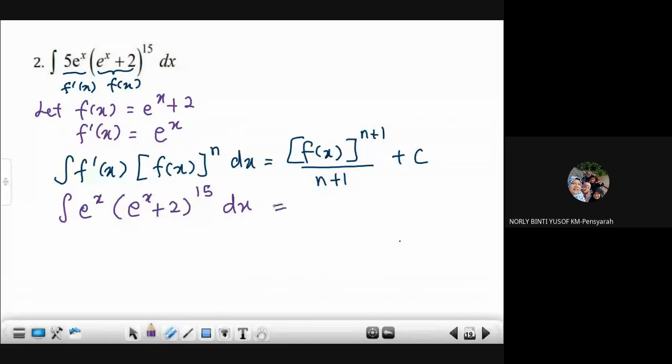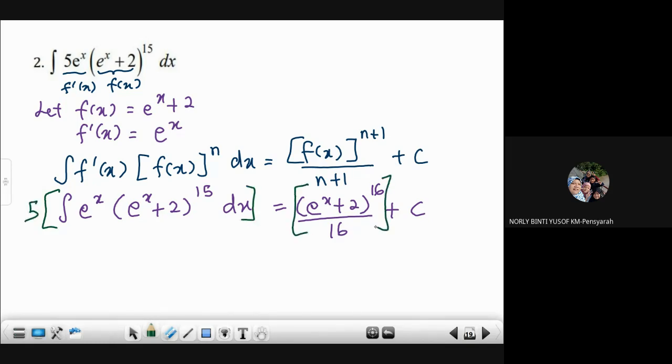So tulis, kita follow. So e power of x plus 2, 15, 16 lah kan. Over 16 plus c. Tapi it's not the final answer sebab your question got 5. Kan, here got 5. Sedangkan yang you buat untuk you punya formula tu tak ada 5. So both side you darab 5. You adjust. Okay, ini pun samalah, darab 5.